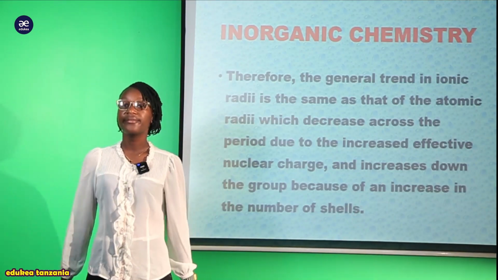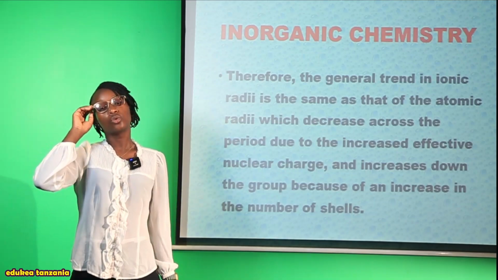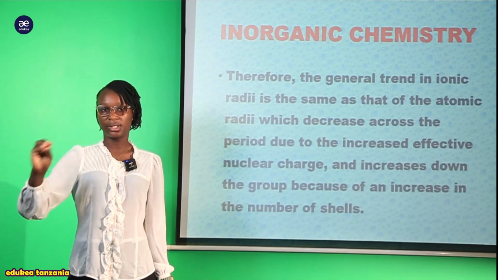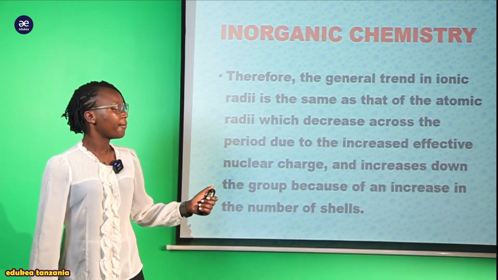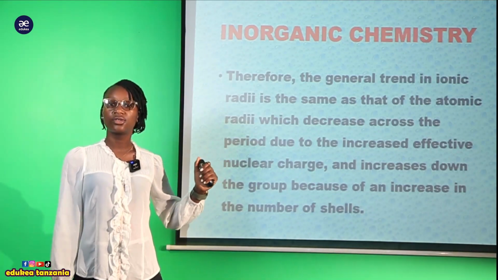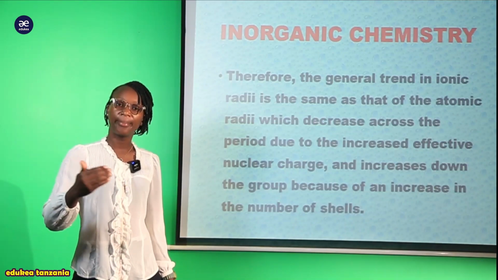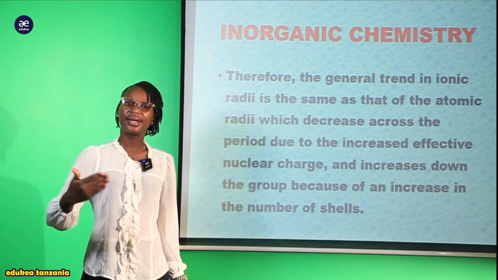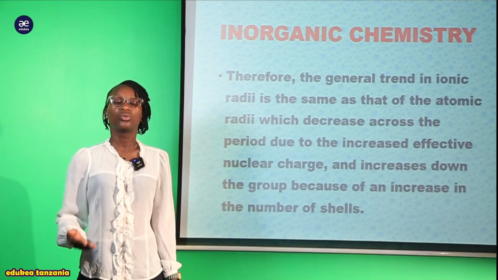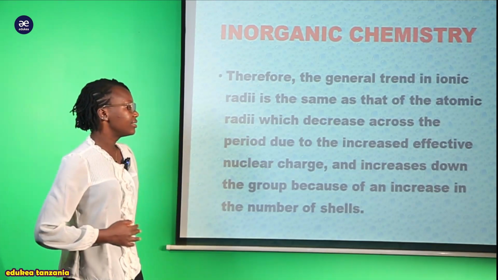Sasa kama utakumbuka vizuri, kule tulizungumzia hii concept wakati tunazungumzia the trends in the atomic size. Sasa ndio maana hapa nakwambia the general trends in ionic radius is the same with that of the atomic size. Kwa sababu tunaona kwamba okay, when we come to the issue of across the period, the ionic radius tends to decrease. But when we come to the issue of the group, down the group, the ionic radius tends to increase.